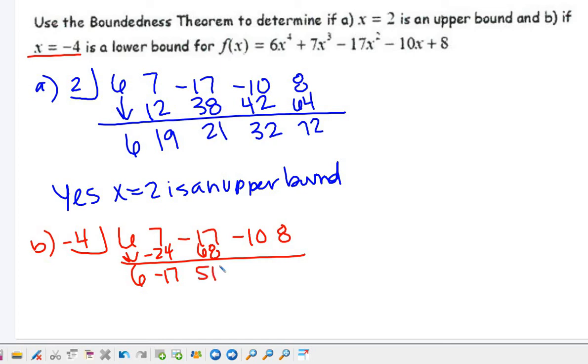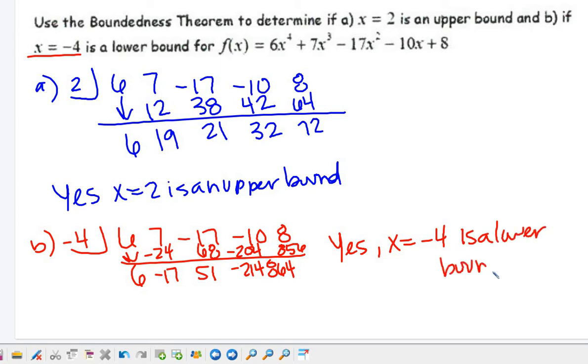We're still alternating. Times a negative 4 is negative 204. Plus a negative 10 is negative 214. Times a negative 4 is 856. Plus 8 is 864. So our signs alternate. Positive, negative, positive, negative, positive. So yes, x equals negative 4 is a lower bound.